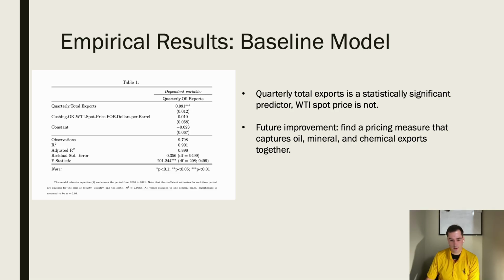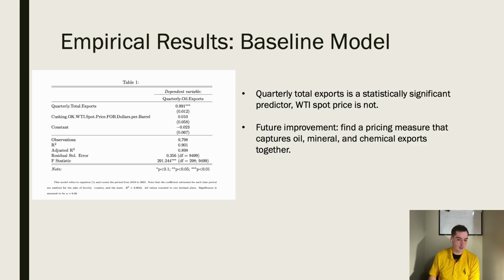And again, the purpose of the baseline model was to choose predictors that at least I thought would be statistically significant in terms of explaining quarterly oil, mineral, and chemical products. Obviously, I probably should have chosen a different measure for the price level, something that included chemical and mineral products as well. I thought that oil products would make up such a large portion of the state's exports that it would explain quarterly oil, mineral, and chemical products.